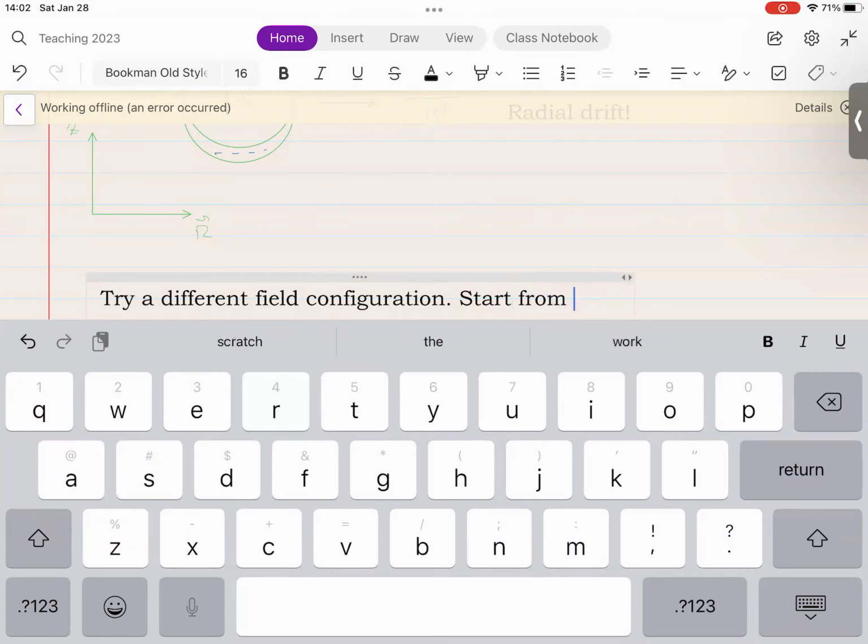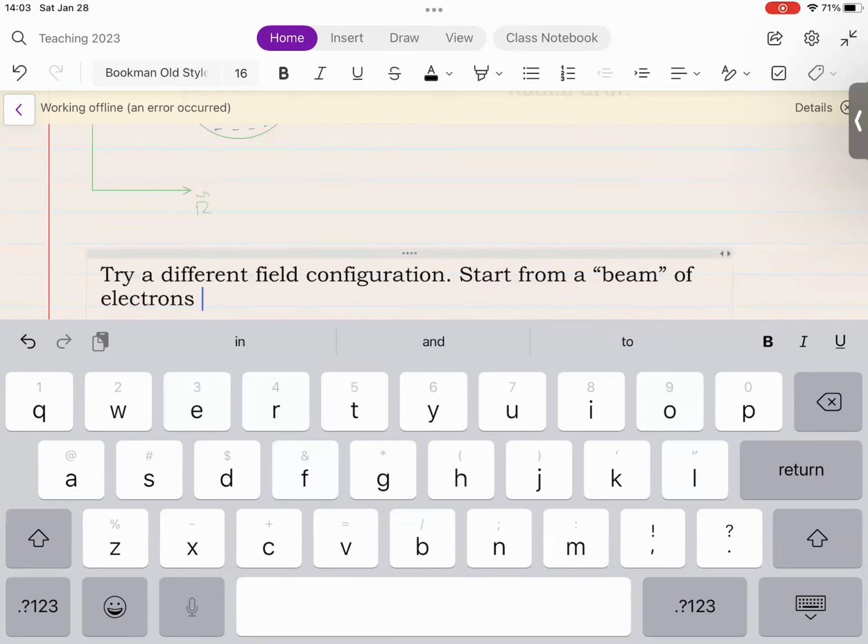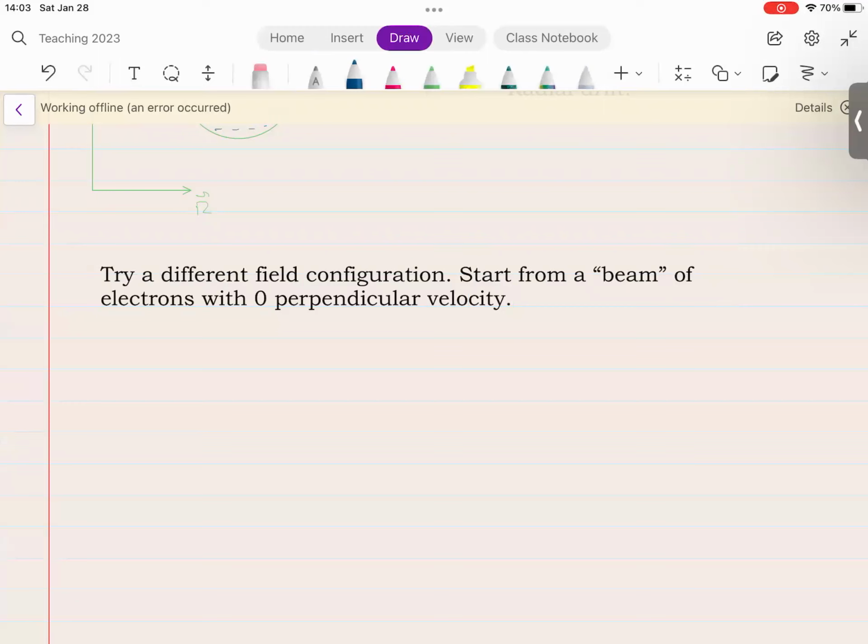So I'm going to start from a beam of electrons with zero perpendicular velocity. That is, all the velocity of the electrons is in the parallel direction, singular.